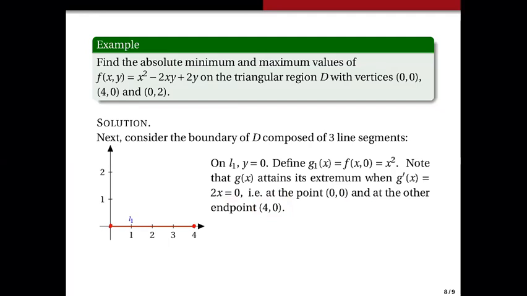Take note, this function here is just a function of one variable. So you go back to the methods in functions of one variable. Therefore, you need the other endpoint, x equals 4, so you have this.